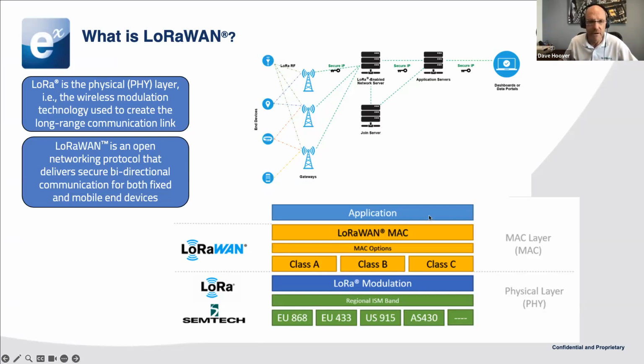If you look at the OSI layer picture of the world, you can see that at the very bottom, you have the channel and frequency schemes. LoRa obviously has different schemes for different regions. We've got the European regions at 868 megahertz and 433 megahertz, the US is at 915, and Australia has different frequency schemes.